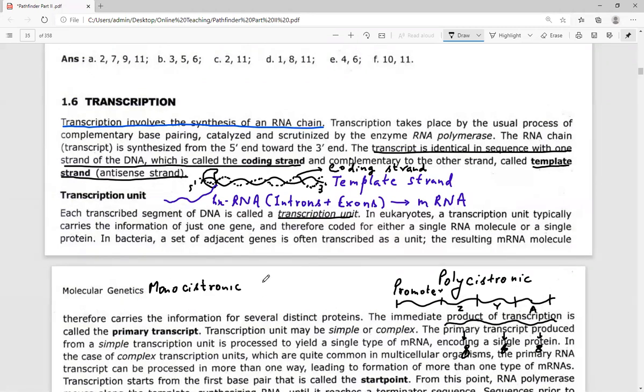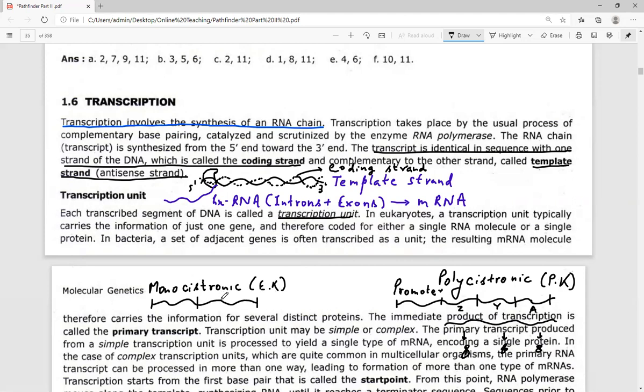Monocistronic occurs in the case of eukaryotes, while the polycistronic arrangement occurs in prokaryotes. In the case of monocistronic, you have a single promoter sequence along with just a single structural gene.